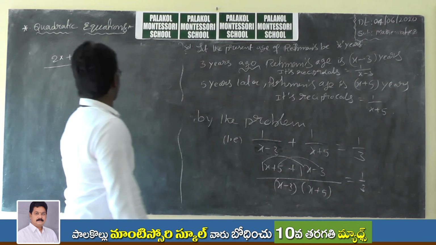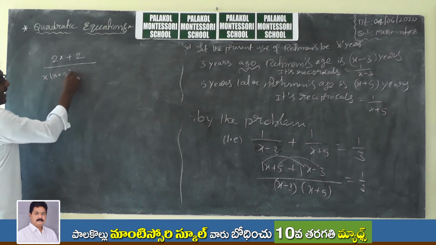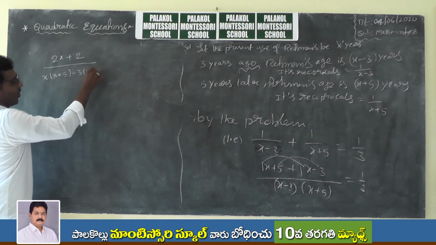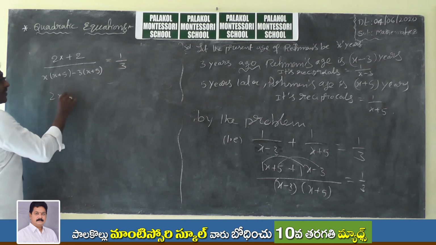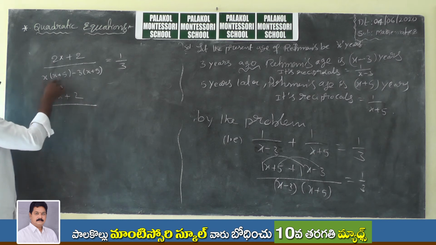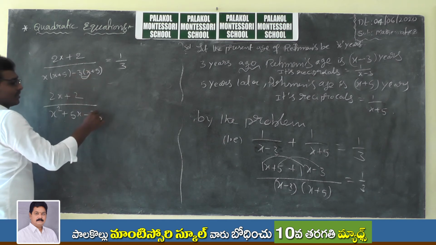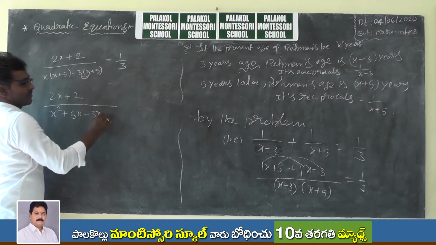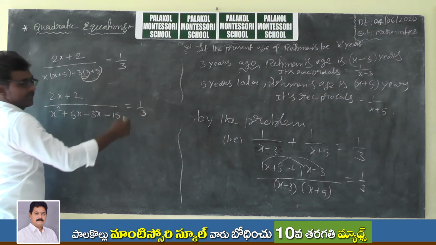So you write x of x plus 5 minus 3 of x plus 5 equal to 1 by 3. So 2x plus 2 by x into x, x square, x into 5, 5x, minus 3 into x, 3x, minus 3 into 5, 15, is equal to 1 by 3.